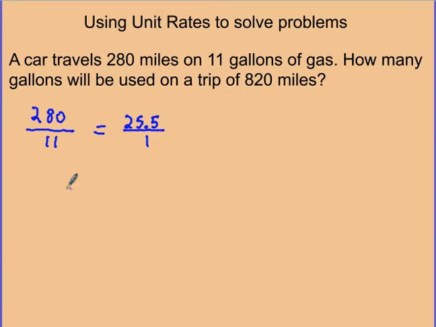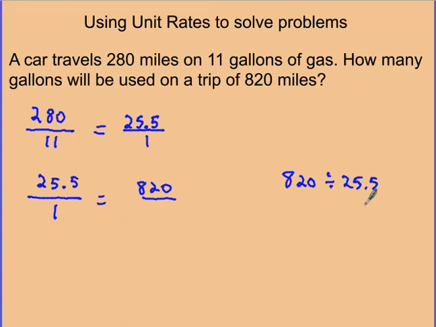And then I need to use this 25.5 over 1, and I want 820 on top, but I don't know what goes on bottom. So what do I do to turn 25.5 into 820? I divide 820 by 25.5, and it is going to be 32.2.